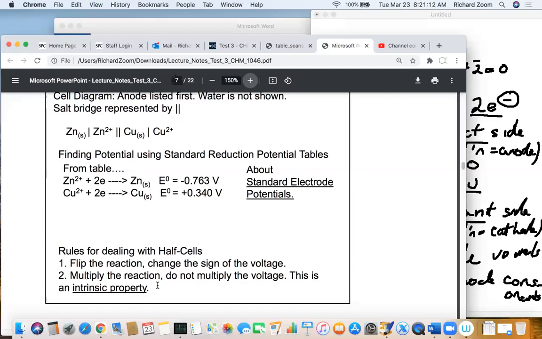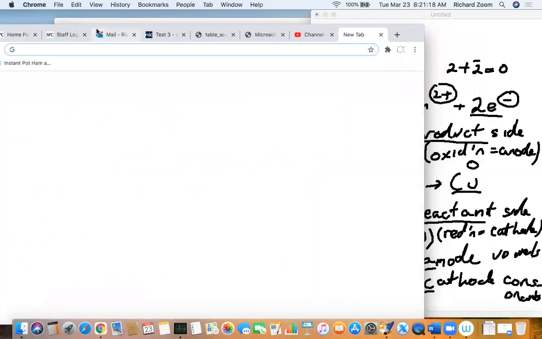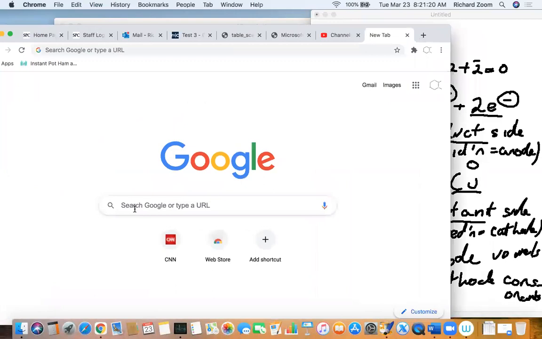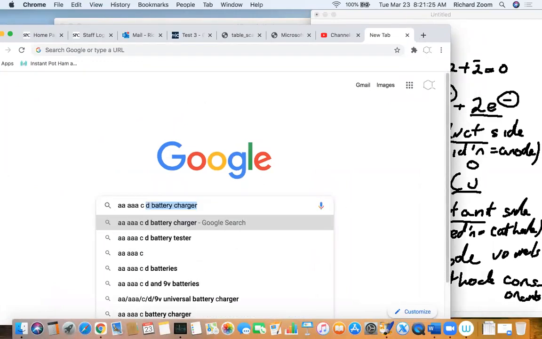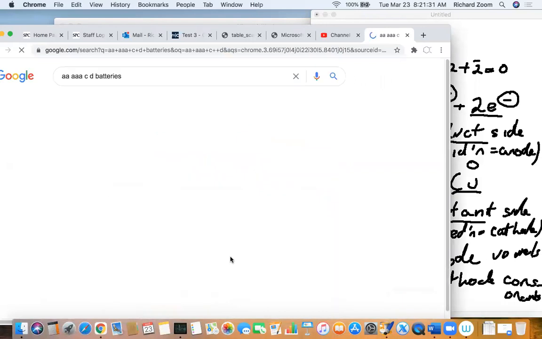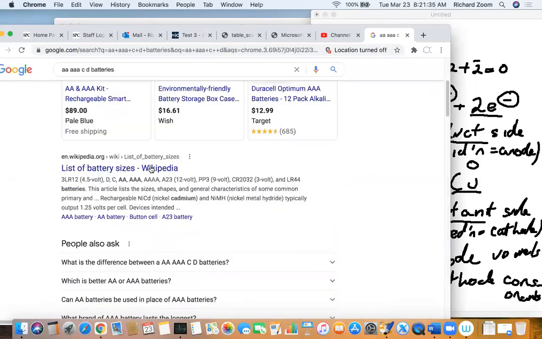I think you've all seen different kinds of batteries. Let me see if I can find some pictures. Let's see, list of battery sizes.